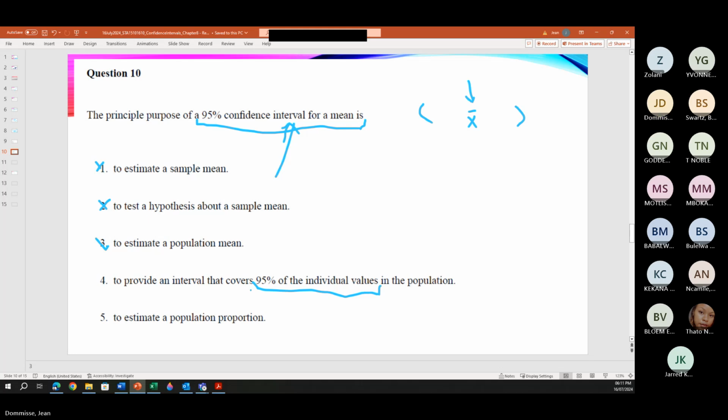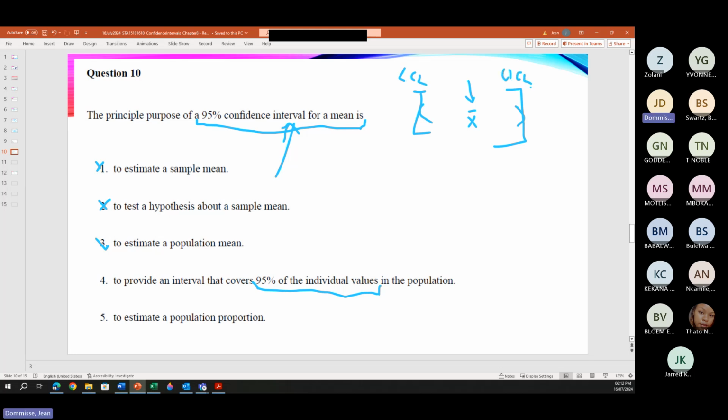So what a 95% confidence interval in layman's terms means is that I've got a 95% probability that the population mean will fall into this area between the lower confidence limit and the upper confidence limit.